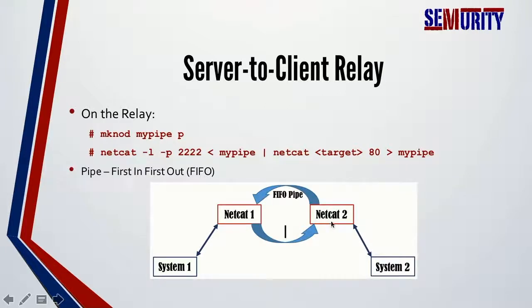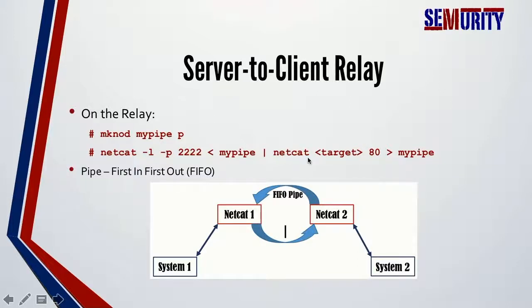to Netcat 2. Netcat 2 is going to receive it, but instead of typing it on the terminal, it's going to send it to the pipe, to the FIFO pipe. And then the FIFO pipe is going to forward it to Netcat 1.